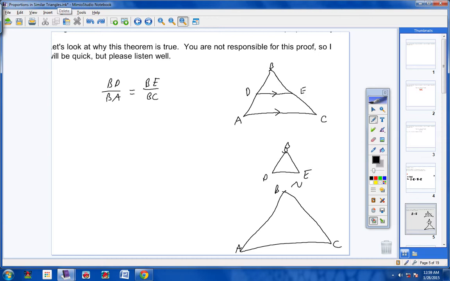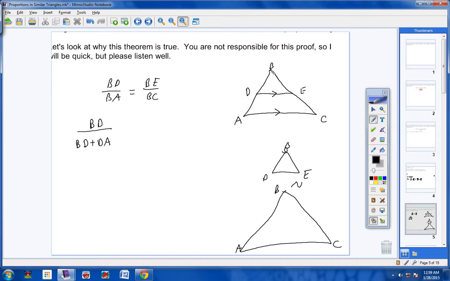Now, what about this? What is BA? Well, Mr. Arrow, it's the side of a triangle. I know that, but what else is BA? It's this whole side here, right? So really for BA, I could put this. Now watch this. Instead of putting BA, I can put BD plus DA, right?